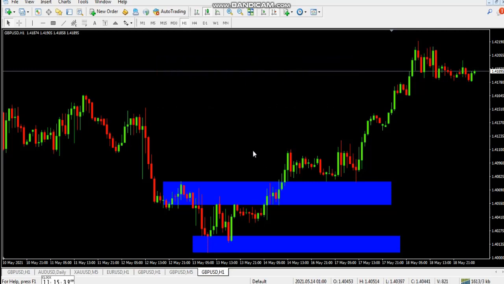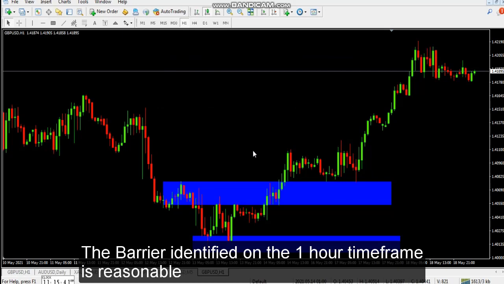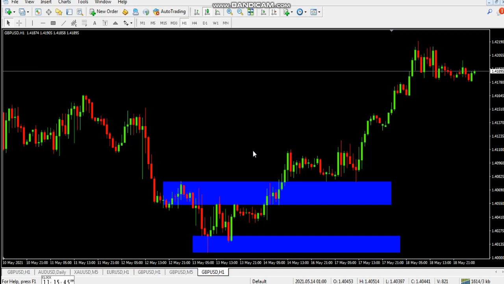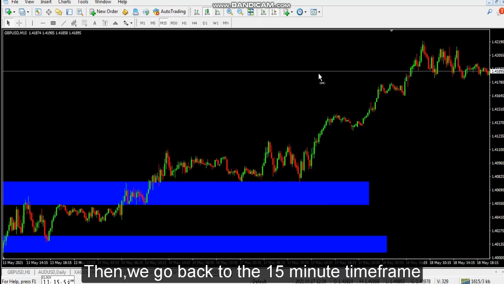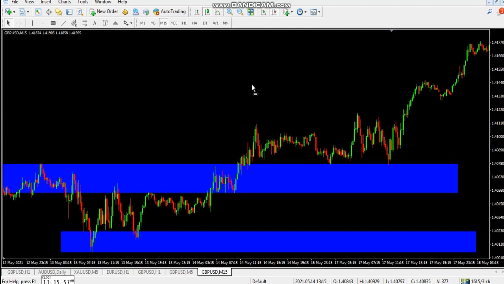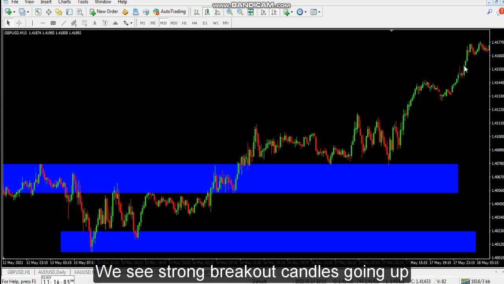The barrier identified on the one hour time frame is reasonable. Then we go back to the 15 minute time frame. We see a strong breakout candle going up.